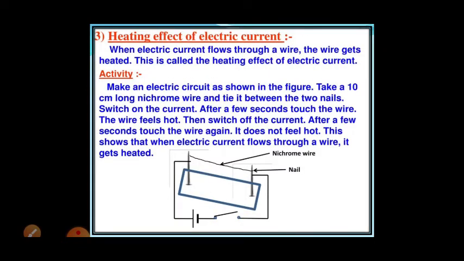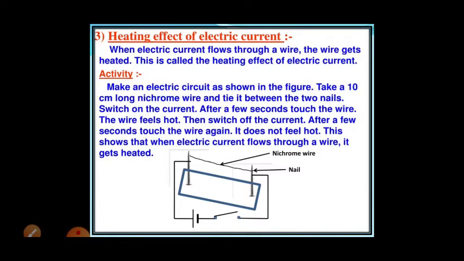Then, the heating effect of electric current. If you observe any bulb or TV, fridge or anything, when it is in working position and you touch it, after some time you will feel it become hot. Nowadays you can easily observe that if you use your mobile for a long time, after some time it becomes hot.